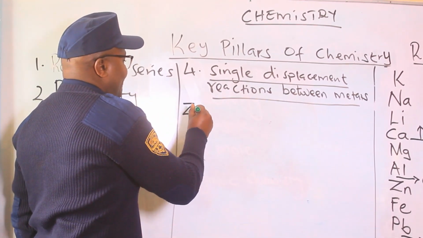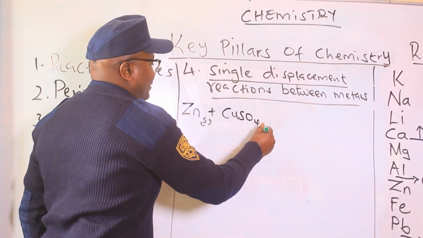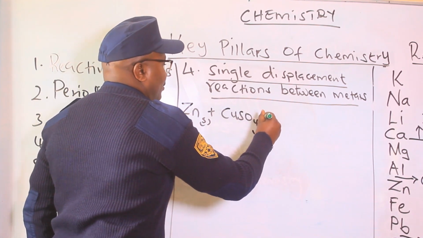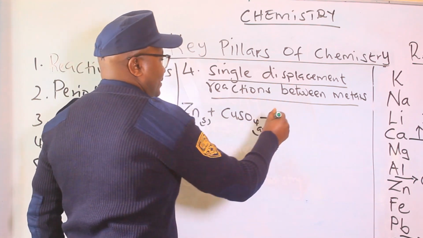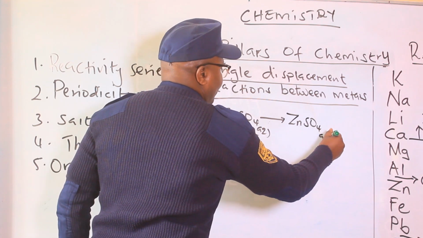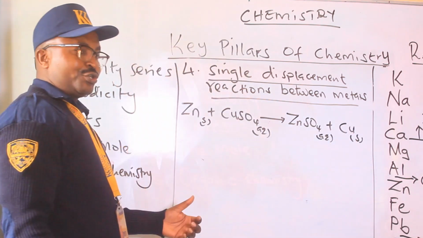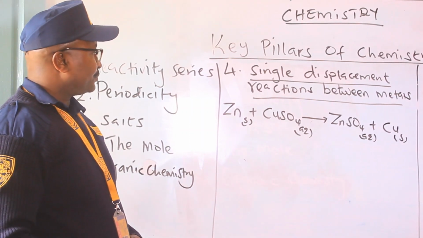So if you take zinc and then you react it with the copper(II) sulfate, you find zinc will displace copper from the solution of its ions.